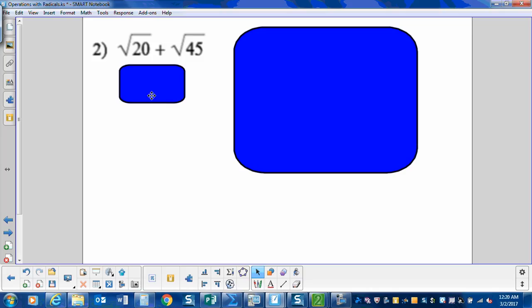All right, so number 2, we have the square root of 20 plus the square root of 45. So in order to add these, we must simplify and then add them.